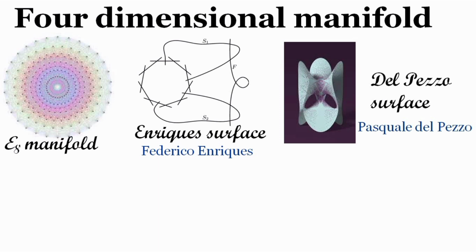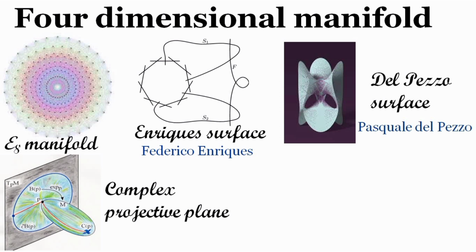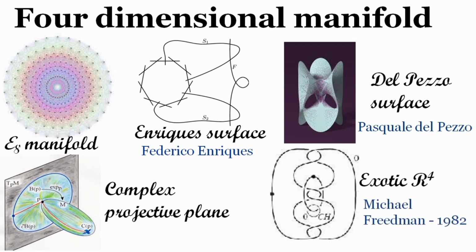This was invented by Pasquale del Pezzo, an Italian mathematician who is remembered for first describing this surface. We also get the complex projective plane and exotic R4. This was discovered by Michael Freedman, and in mathematics, exotic R4 is a differentiable manifold that is homeomorphic but not diffeomorphic to Euclidean space, and it was first found in 1982 by Michael Freedman.